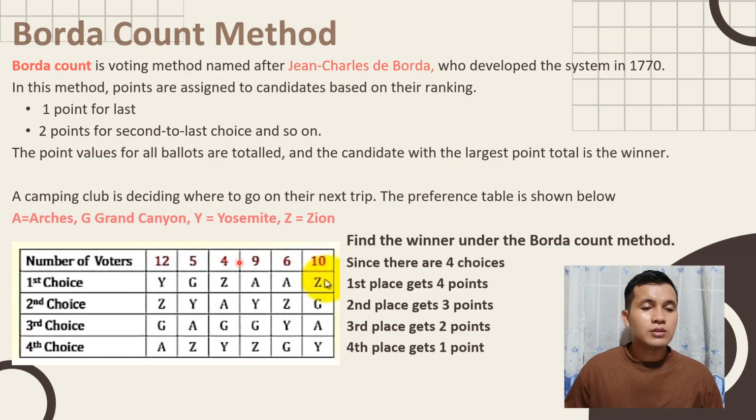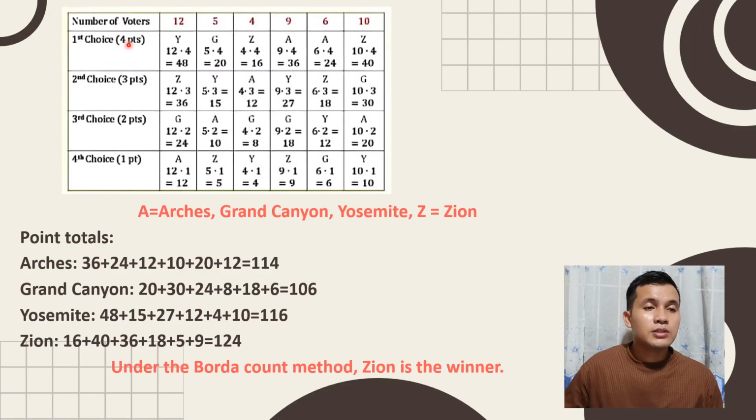So here you can see on the table, on the first row, the number of voters, and then the second row is the first choice. This one will get 4 points, the third row will get 3 points, the fourth row will get 2 points, and the last one will get 1 point. To elaborate further, the number of voters in the first row are 12, 5, 4, 9, 6, and 10.